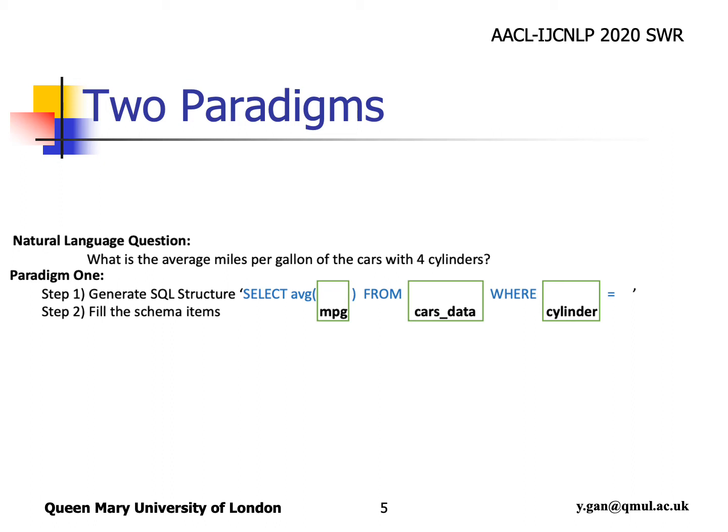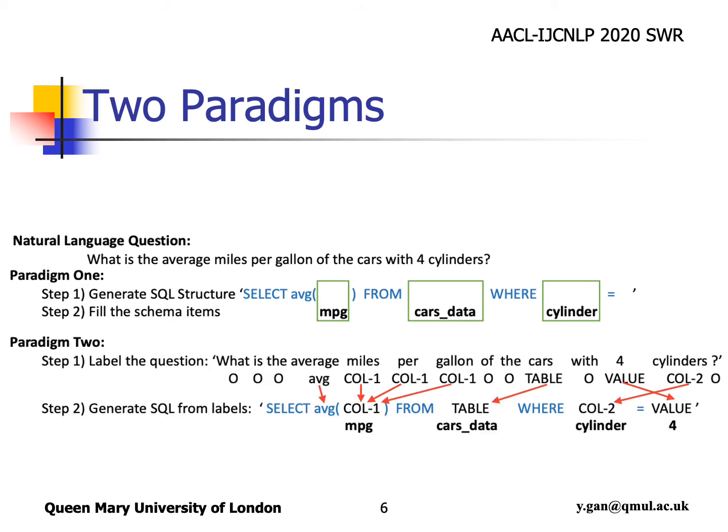For example, we first generate the blue SQL structure from the natural language question, and then fill the schema items into the SQL structure. The schema items here are the MPG and cast data and also the cylinder.